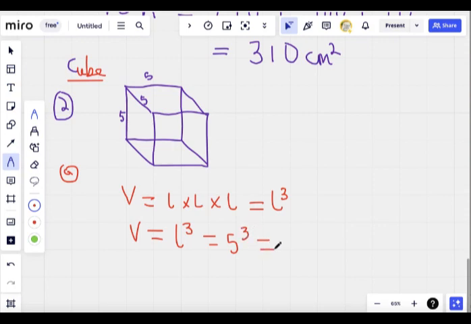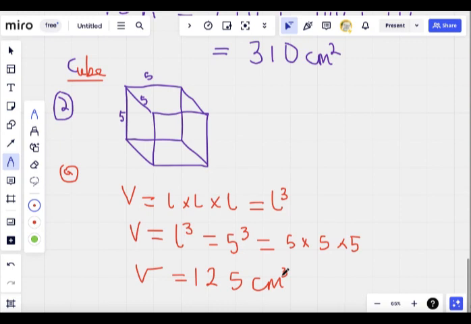If you multiply 5 by 5, you get 25, times another 5, you get 125, right? So we get the volume to be 125 centimeter cube. This is the volume of this cube.